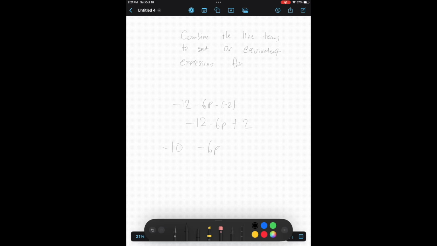And you'll notice that when we combine terms, we can only add like variables together and like numbers together. So I can only add numbers with numbers, and I can only add variables with variables. And of course, there's only one variable here, so it's just going to be this as our answer.